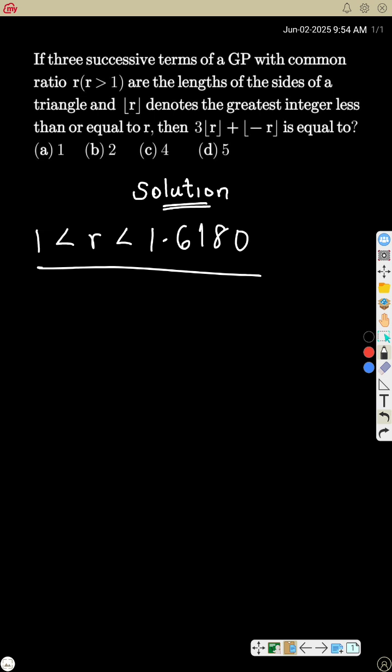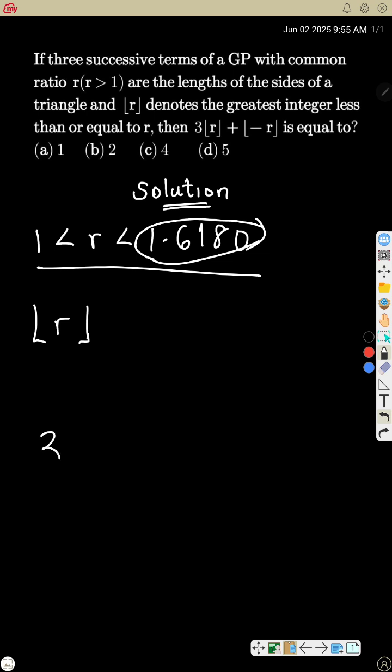The solution we need is R greater than 1, and the number greater than 1 here is 1.618. So now, what is the floor of R?